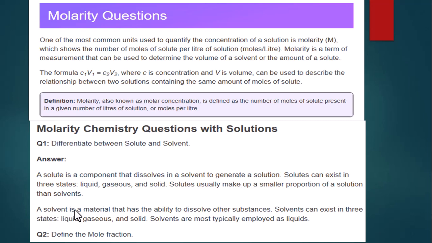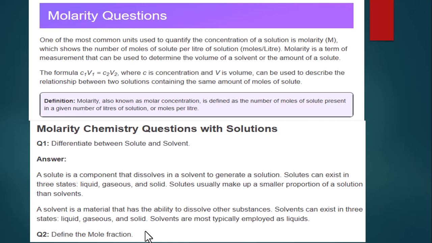A solvent is a material that has the ability to dissolve other substances. For example, water has this capability. If you dissolve concentrated juice inside of water, water has this ability to dissolve other substances. Solvents can exist in three states. So not only the solute can exist in three states, also solvents can exist in three states: as a liquid, a gas, and a solid.